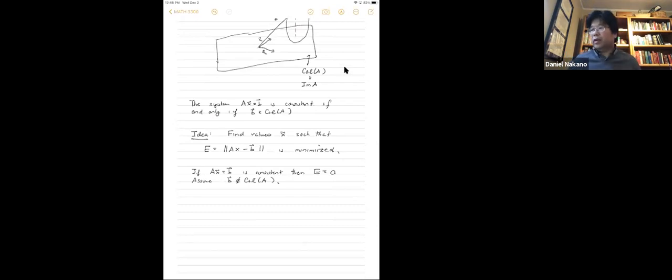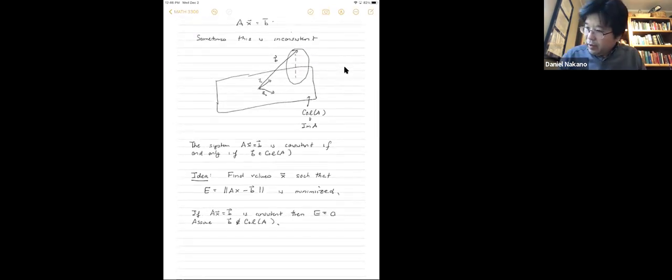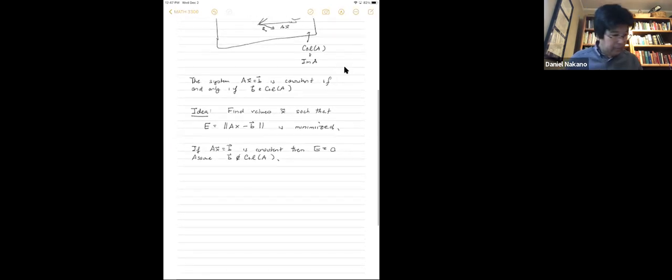Now, we just need to make a little observation. Down here is something of the form AX, okay? And we know that the error is minimized if AX minus B is perpendicular to the column space.